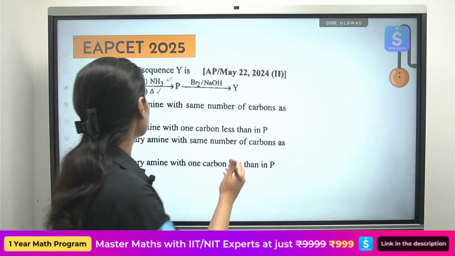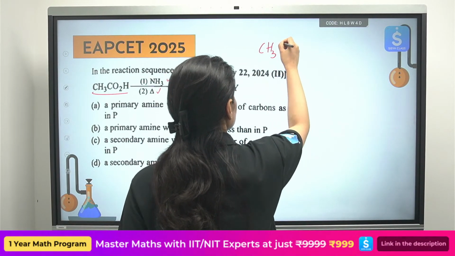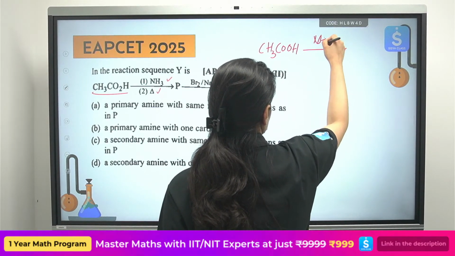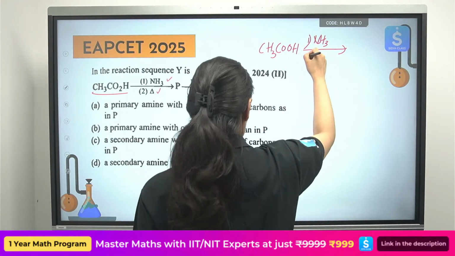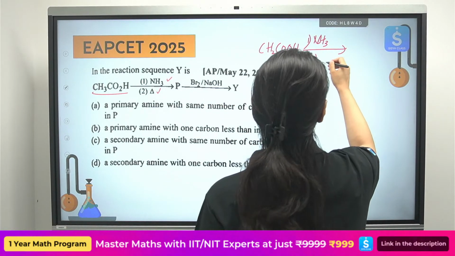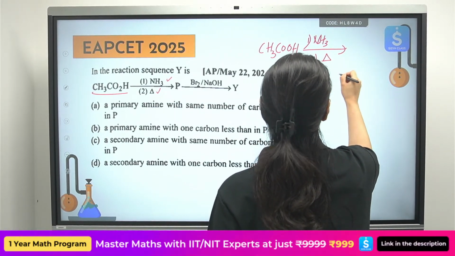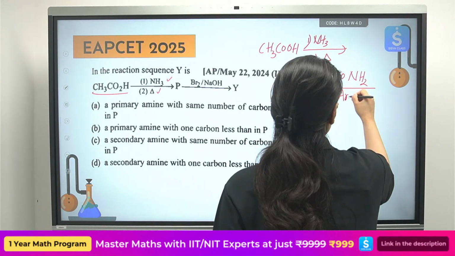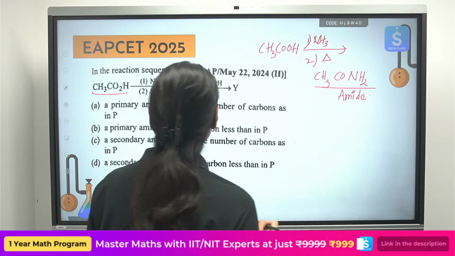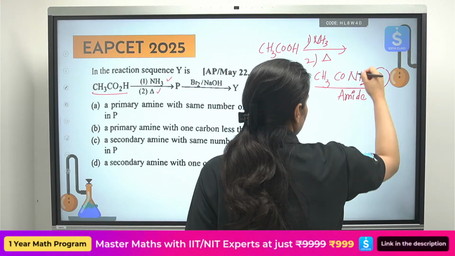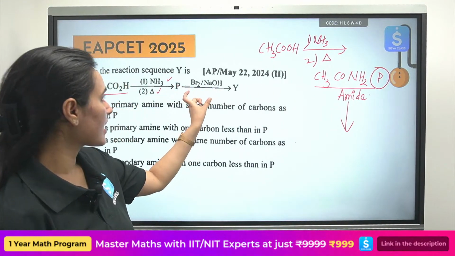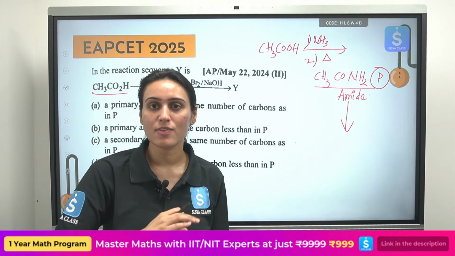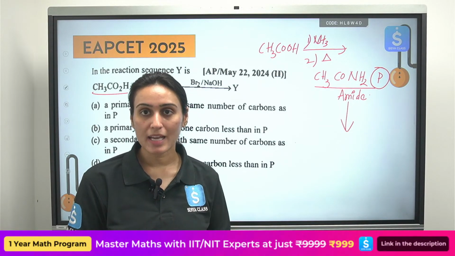So in this case, you are forming amide. Okay. And that amide, what is the type of reaction you are doing here? Br2 in the presence of NaOH. We have learned about this reaction just now. We are doing Hofmann bromamide degradation.